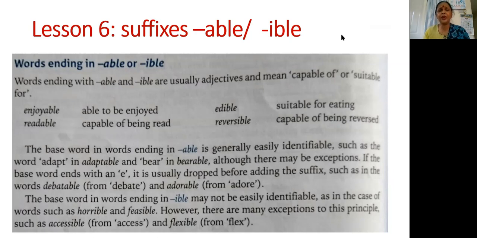There are few exceptions, but most of the time there are many words that end with able. Lots of them. With ible, some 40, 50, or maybe 100. But lots of words have able. And whenever the root word ends with E, that E is dropped and able is added. This is the one rule that you have to remember.